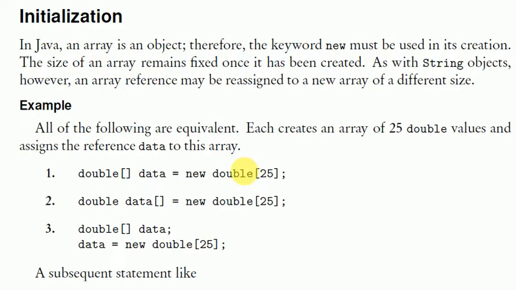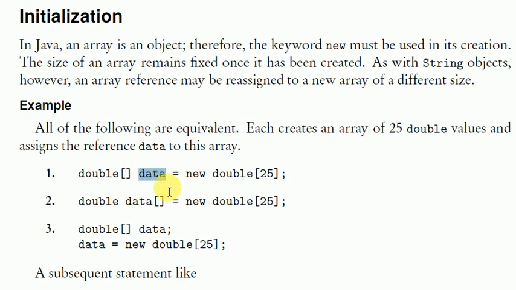Guys, you have to remember that an array in Java is an object, and you know that an object cannot be created without the new keyword. So whenever we have to create an array, these are different methods you can see on the screen. You can create an array and you can initialize it. For example, if we look at the very first method, you can write double, which means this is the data type of the array, then square brackets, then the name of the array, data.